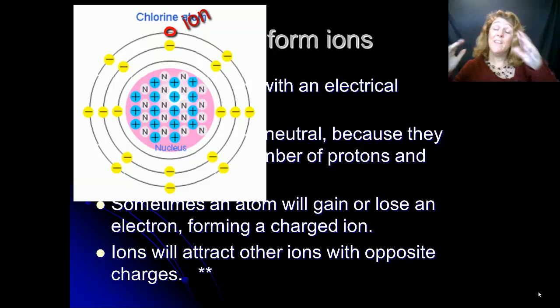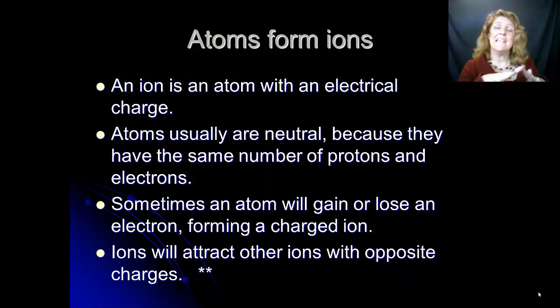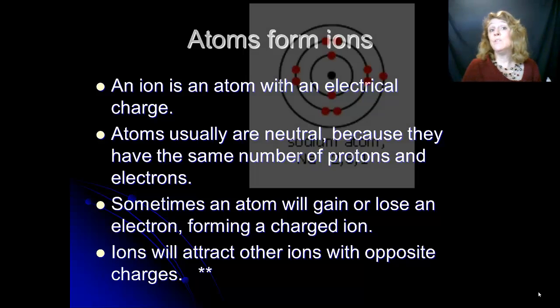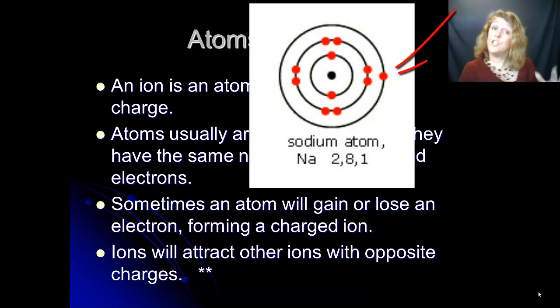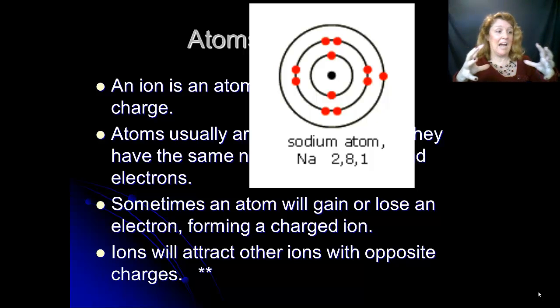Now, there are other types of atoms that only have 1 or 2 electrons in the outer electron shell. They've got a bunch of electrons close to the nucleus, but in the outer sphere, there's only 1 or 2. So the ability for that atom to hold on to those outer electrons isn't very strong.